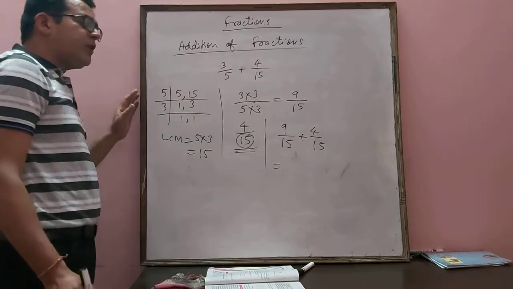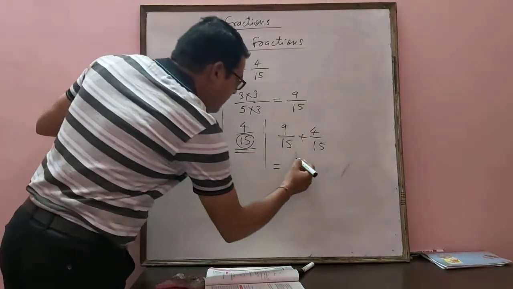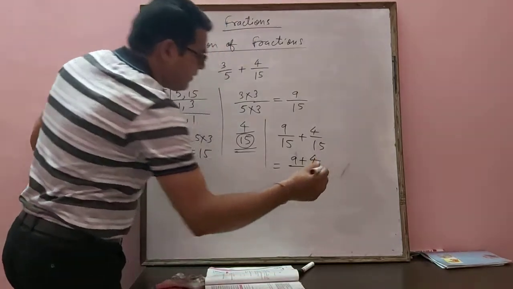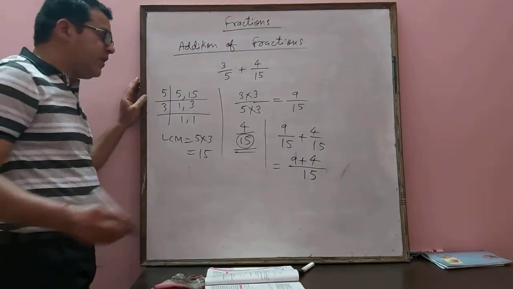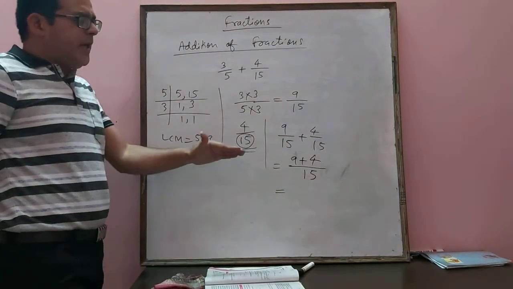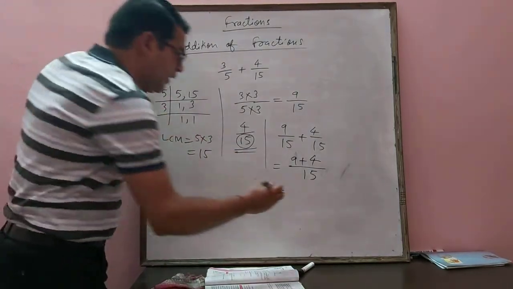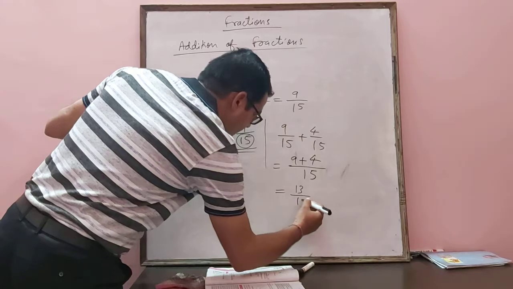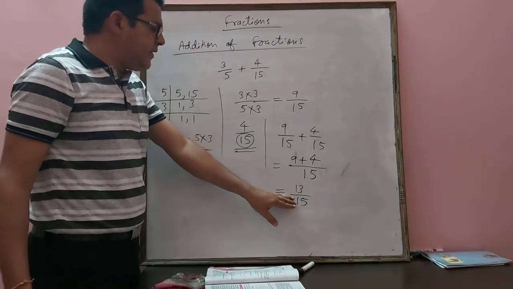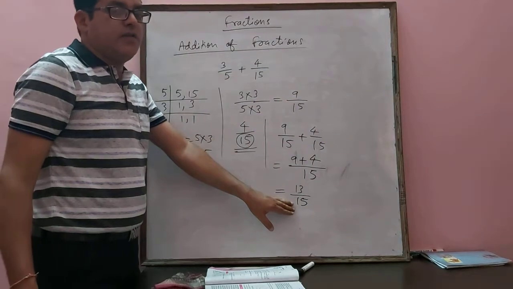So according to the rule, we can directly add their numerators. Right? Now what will come after adding 9 with 4? 13 by 15. And 13 by 15 is a proper fraction.